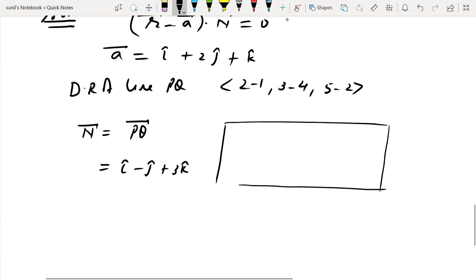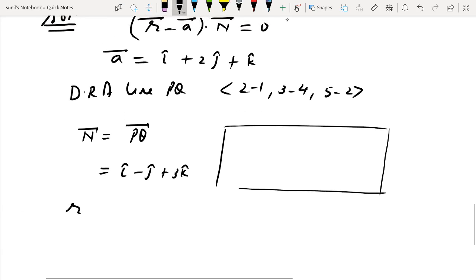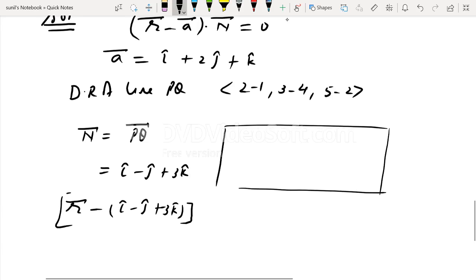So the equation of this plane will be simply r minus (i cap minus j cap plus 3k cap) dot (i minus j plus 3k cap) is equal to 0.